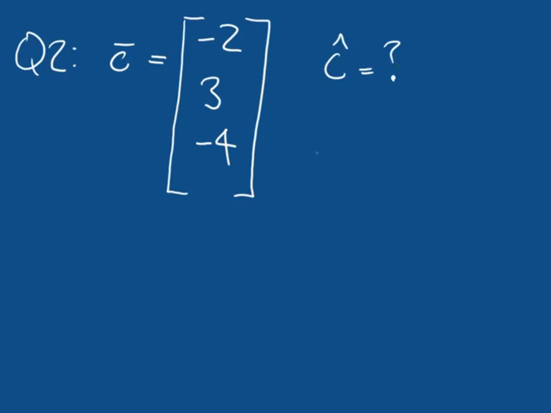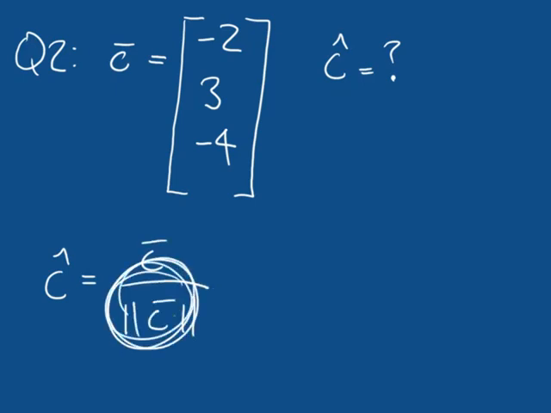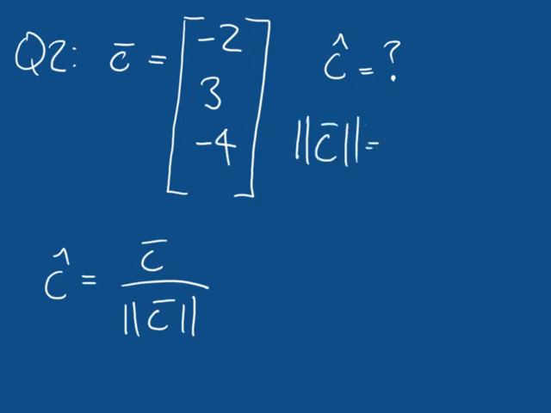So again, we're attempting to normalize vector c in order to get a unit vector that has the same direction as c. So to do that, we know that c hat is equal to c divided by the magnitude of c. So we need to work out the magnitude of c. We can do that using our equation from an earlier video, which says that the magnitude of c is equal to the square root of x squared plus y squared plus z squared.